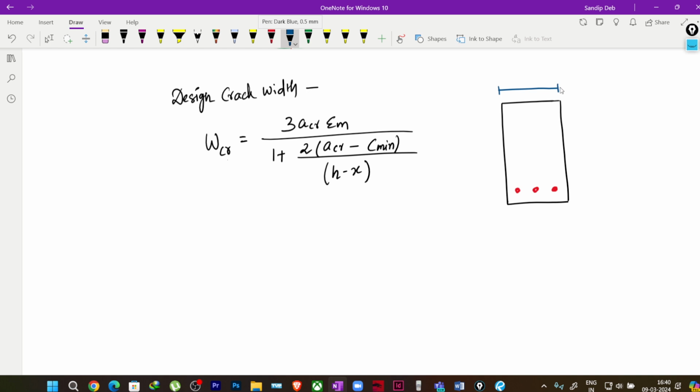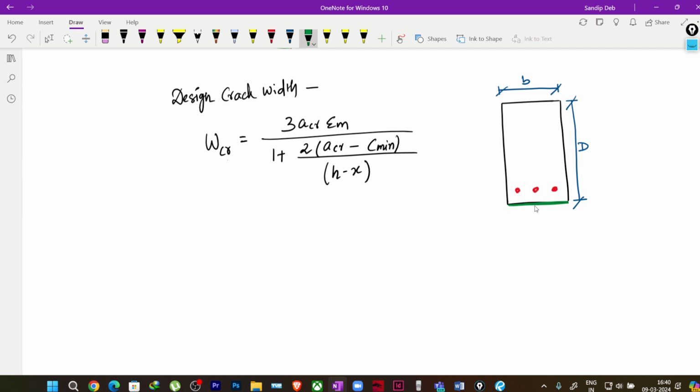Suppose this is my B, and the vertical dimension is my D. We are going to calculate the crack width at this surface, because this face is subjected to tension.